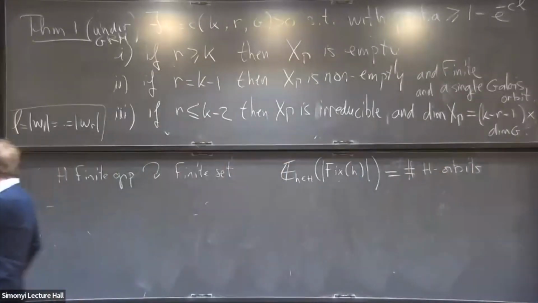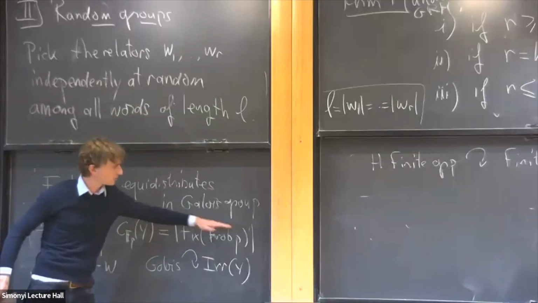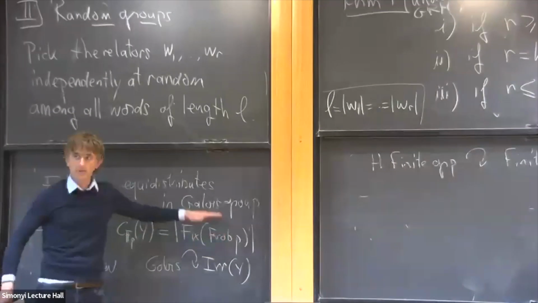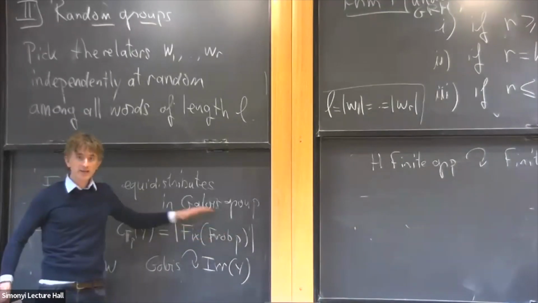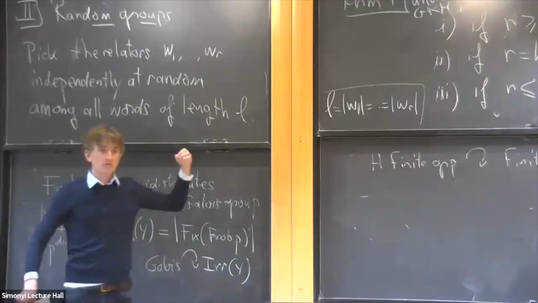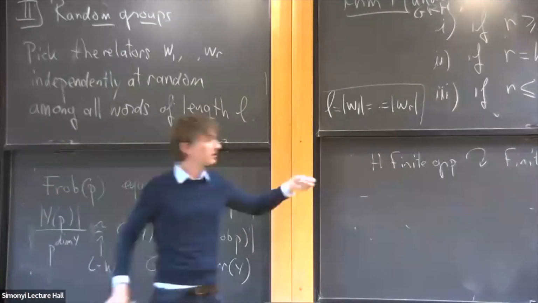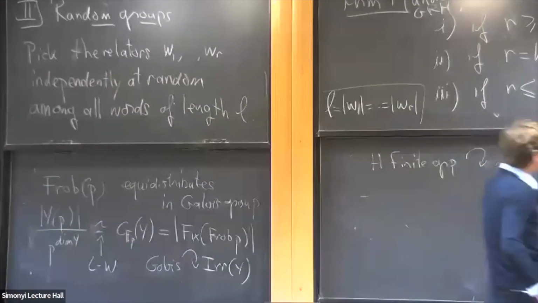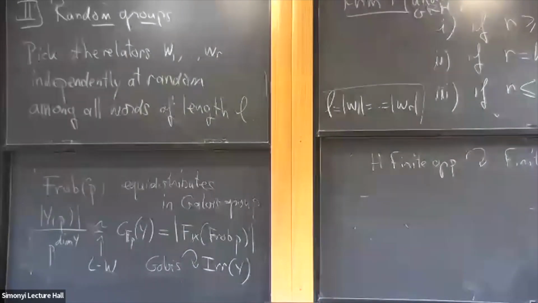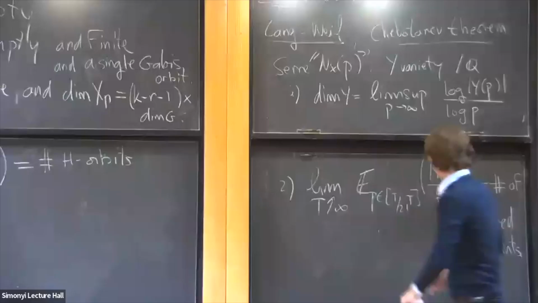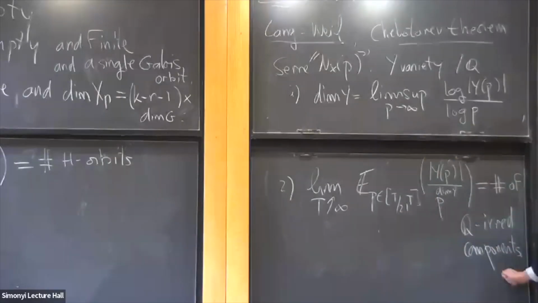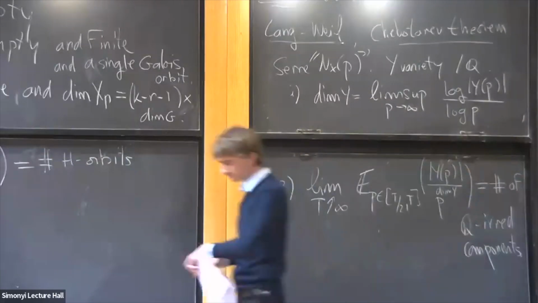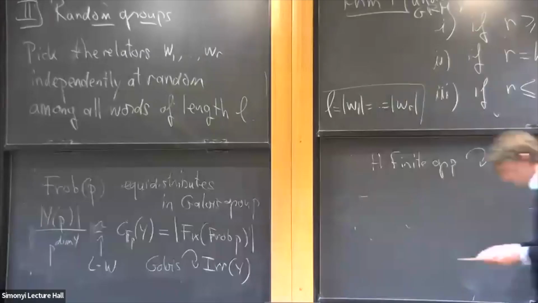So when you think about it this way, what Chebotarev tells you is that Frobenius will equidistribute in the Galois group. And therefore, when you average over the primes, you get exactly the distribution of a random element of the Galois group. And when you average the number of fixed points of a random element of the Galois group, you get the number of orbits. So you get the number of Galois orbits acting on the components, and that's exactly the number of irreducible components. Okay, so that's the idea.